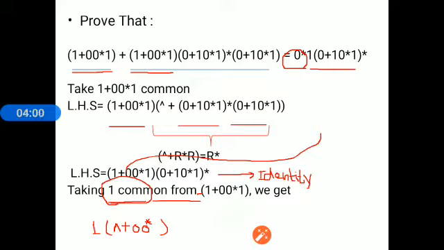So, in the bracket, what will be the remaining terms? 1 into the bracket null plus 0 0 star. Again this expression is matching with the identity as shown above. So, we can replace the entire bracket by 0 star.